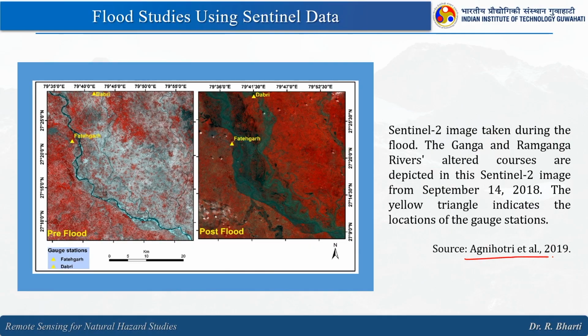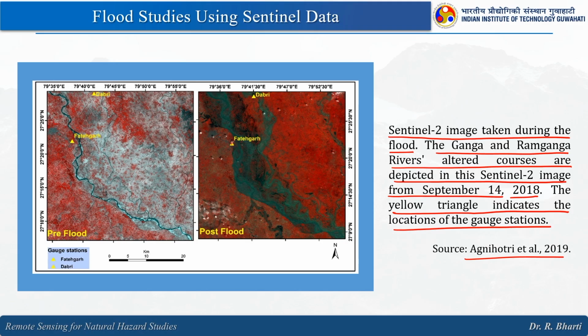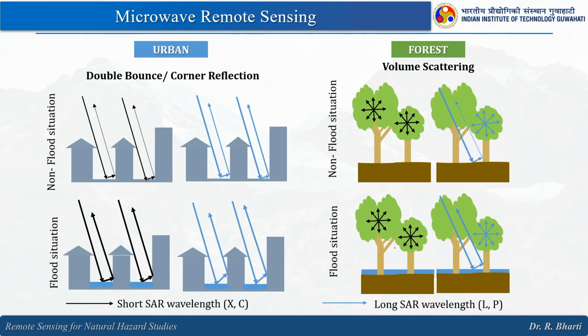In this particular work, Agnihotri et al. 2019, a Sentinel-2 image taken during the flood shows the Ganga and the Ramganga rivers' altered courses, from September 14th, 2018. The yellow triangles indicate the location of the gauge stations. Here you can see these are the gauge stations. They have utilized this information in the flood studies.